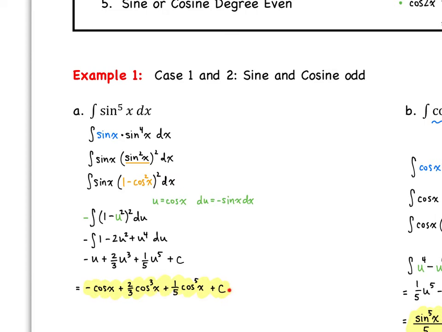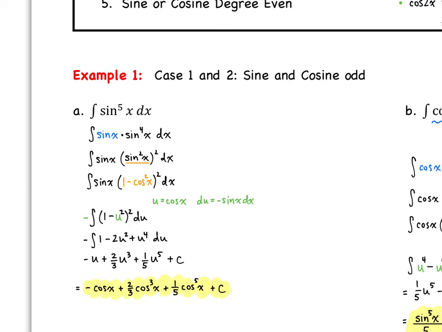Then we get our final answer: negative cosine x plus 2/3 cosine cubed x minus 1/5 cosine to the 5th of x plus c. The whole goal here is to get to that point where we can make a U substitution and then integrate nicely.